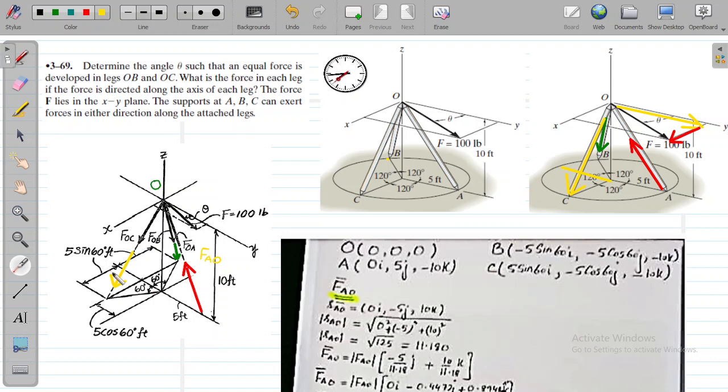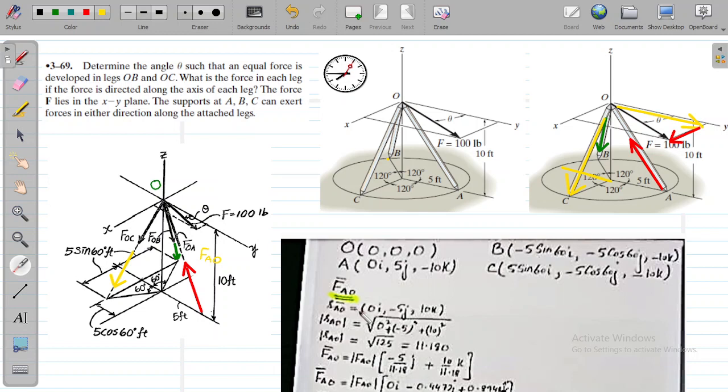Let us say we calculate the force AO. Force AO means you will basically calculate the position vector AO. When you do it, you subtract the coordinates of the origin from the coordinates of A. So it will be 0i minus 0i, which is 0i.